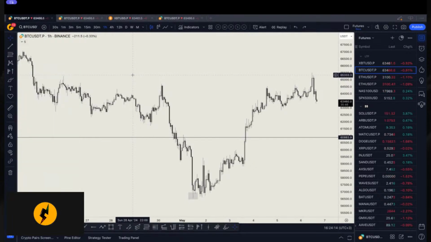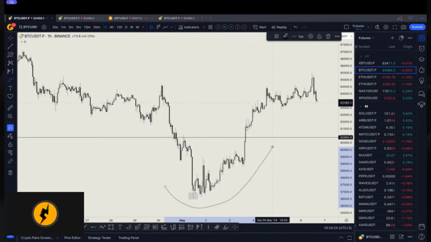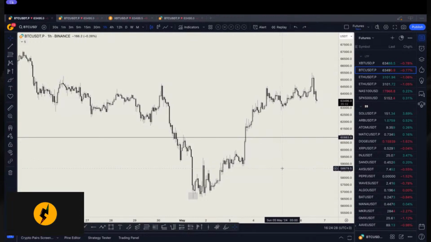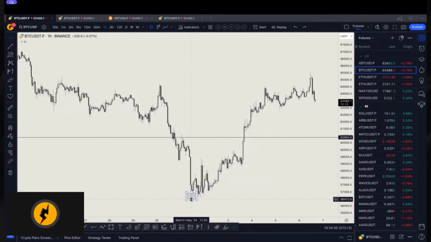Now, what you need to do is, if you have the edge, if you have the context back, and you are looking for a reversal here, this is what I do for my entry triggers. I find a low. Then I go back on the chart, and I find the range that created this low, and I mark it as a whole.